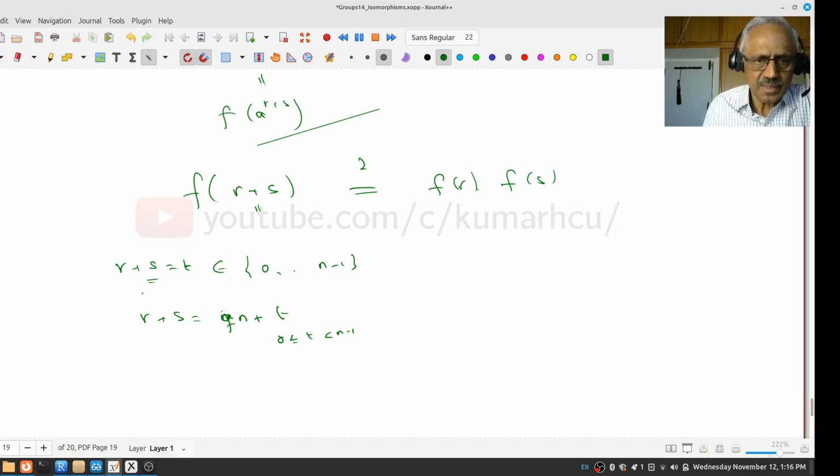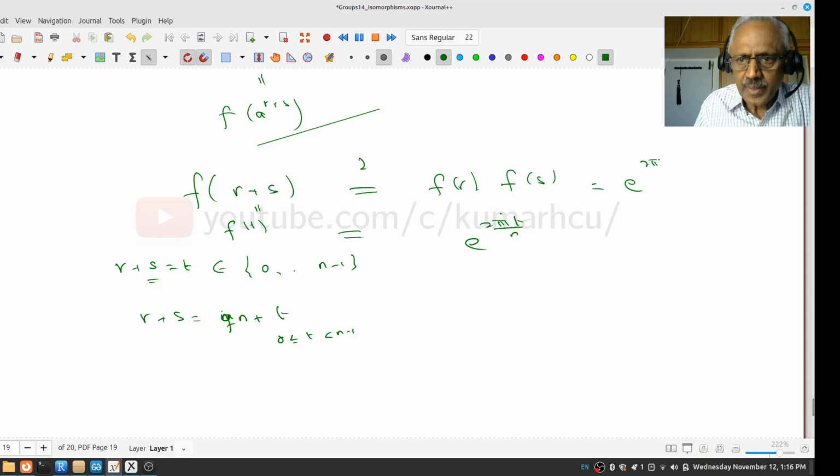You understand? Therefore, where will it go? It should go to f of t, which will be e^(2πit/n). But this will be e^(2πir/n) into e^(2πis/n), and by the law of exponents this is e^(2πi(s+r)/n).